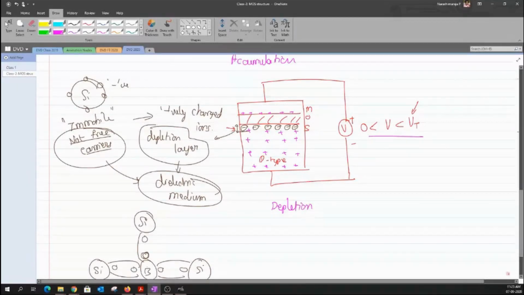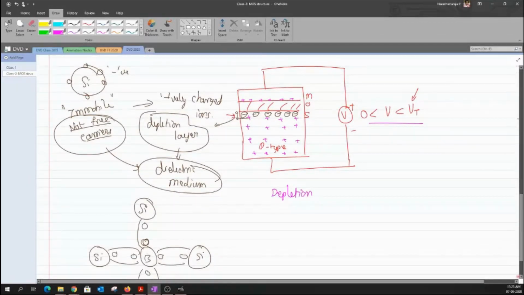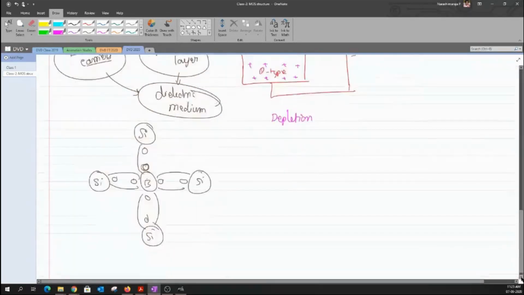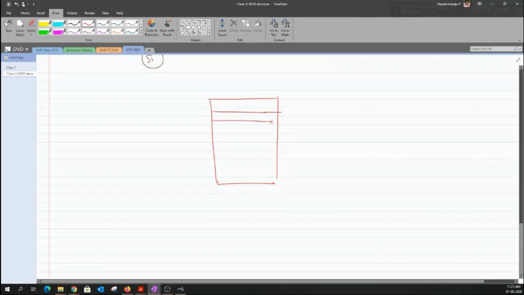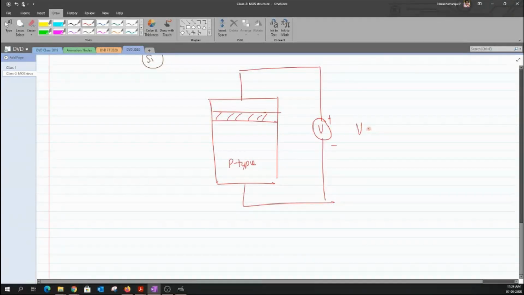Next comes, as you would have guessed, what happens if I increase the value of V beyond Vt. So in this case, V is greater than Vt. Whenever I have a more positive voltage, it means I have tried to deposit more charge carriers on the interface between the metal and the oxide.